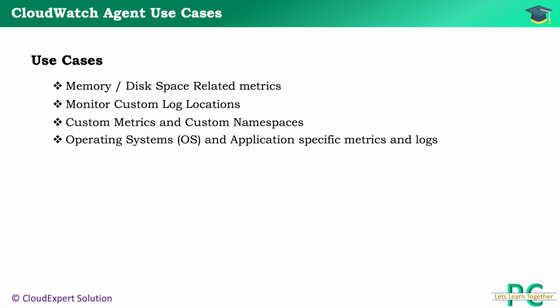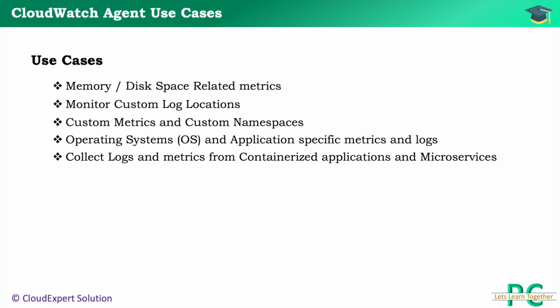If you want to capture any operating system level metrics or any application specific logs or metrics, then CloudWatch agent is the option. Last but not least, if you want to collect logs and metrics from containerized applications or even from microservices. These are some of the high-level use cases where you need CloudWatch agent.